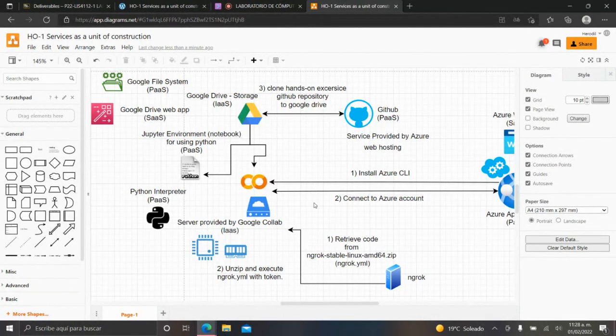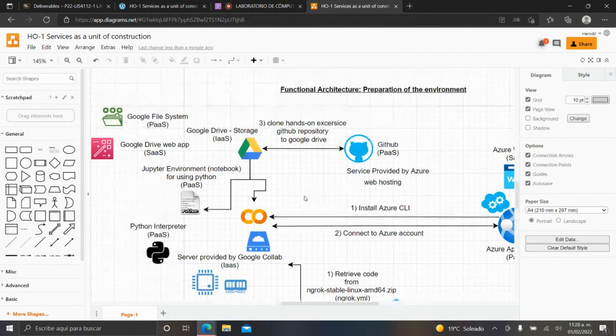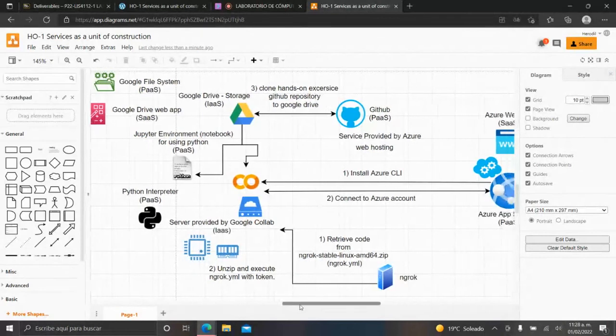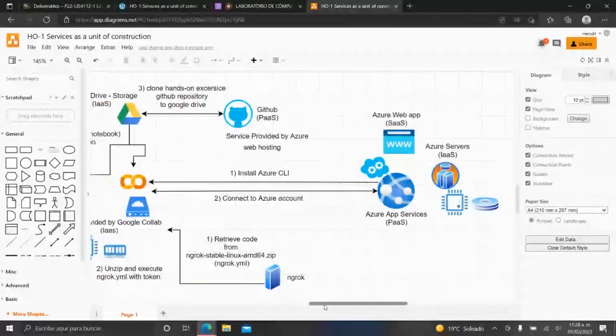That is the second part of what you have to hand in, and then I believe that you will have all the elements in order to compare what the Azure tutorial proposes and the case we worked on here together.